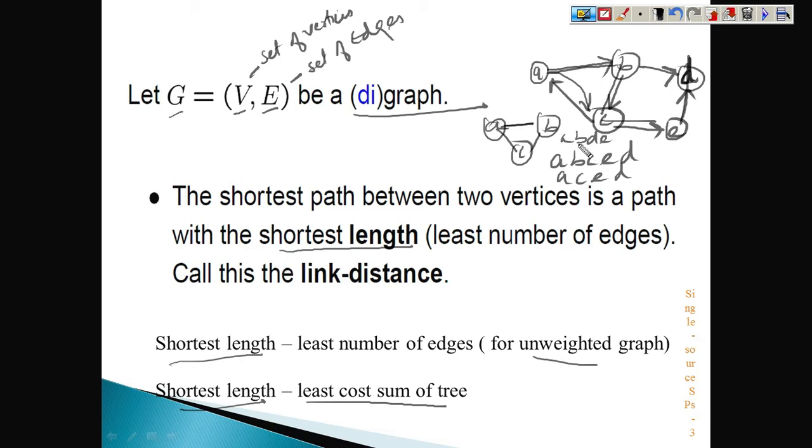So let's say I take this scenario. For simplicity, I am going to make only an undirected graph. Let's say this is one scenario.